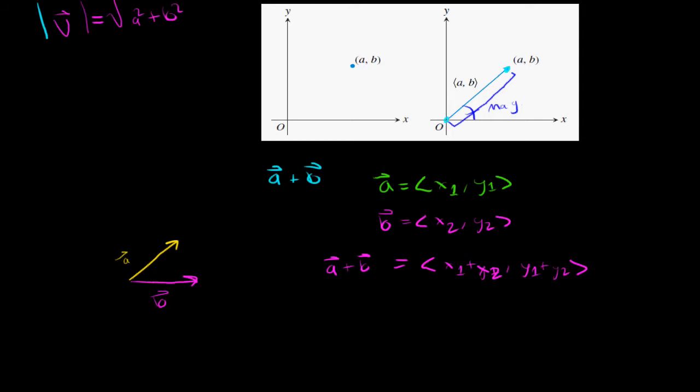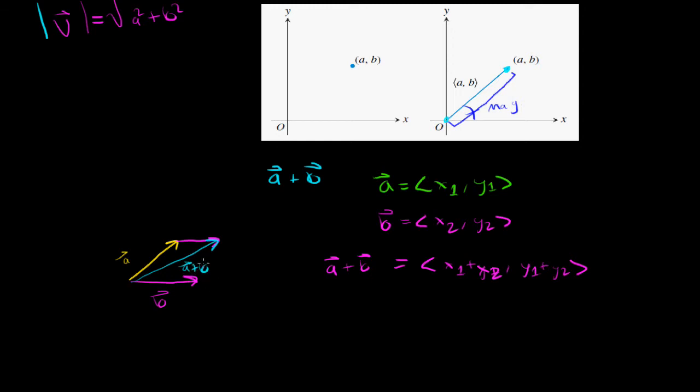We take B and attach it to the end of A, or the other way around, it doesn't really matter. Then we get the overall vector connecting the initial point that these two vectors share to the new terminal point. So we'd have this new vector, which is vector A plus B, and that's what our sum is represented by if we were going to put it as an arrow.